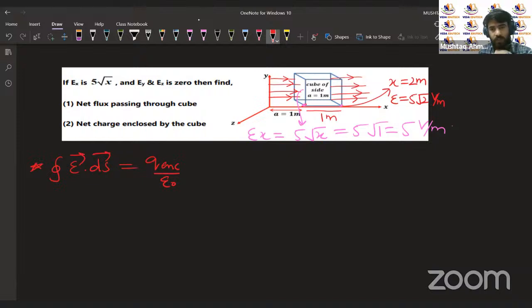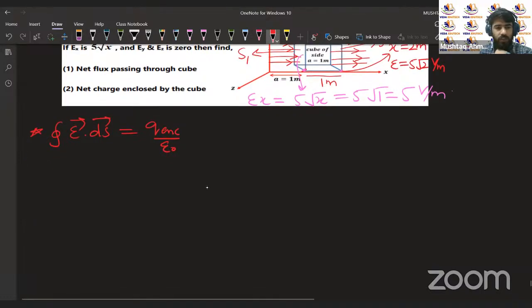Let me call this surface S1, and let me call this surface here S2. So the total flux through this cube will be phi S1 plus phi S2. That will be the total flux through this cube, right? That will be equal to Q enclosed upon epsilon naught.